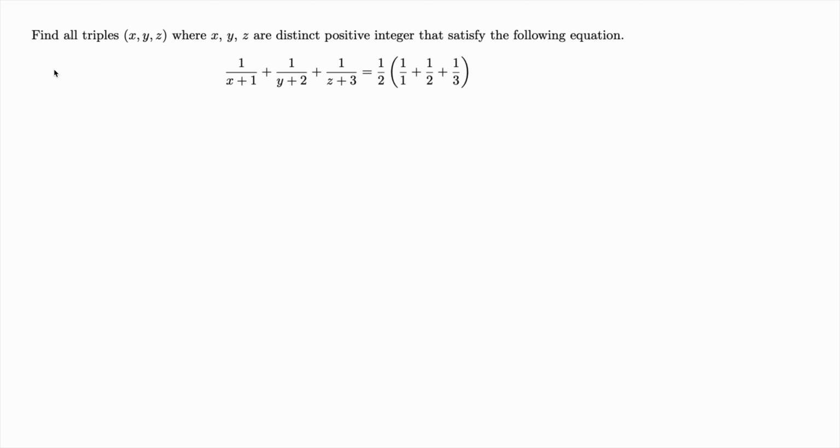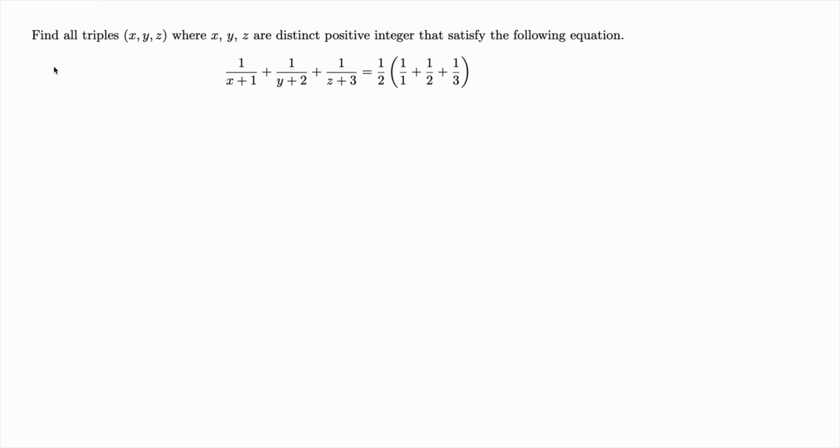So we need to find all triples x, y, z, distinct positive integers, that satisfy this equation. Usually when we see this, I think we can rewrite, redefine our fraction.